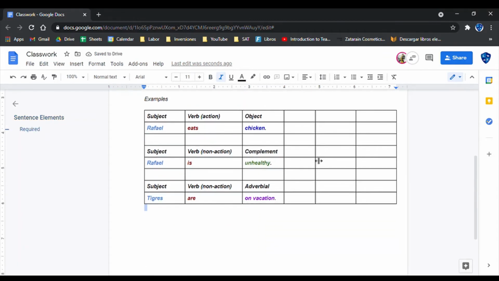So the adverb answers the questions where, when, and how. The adverb gives information about the place and the time. Only place and the time?